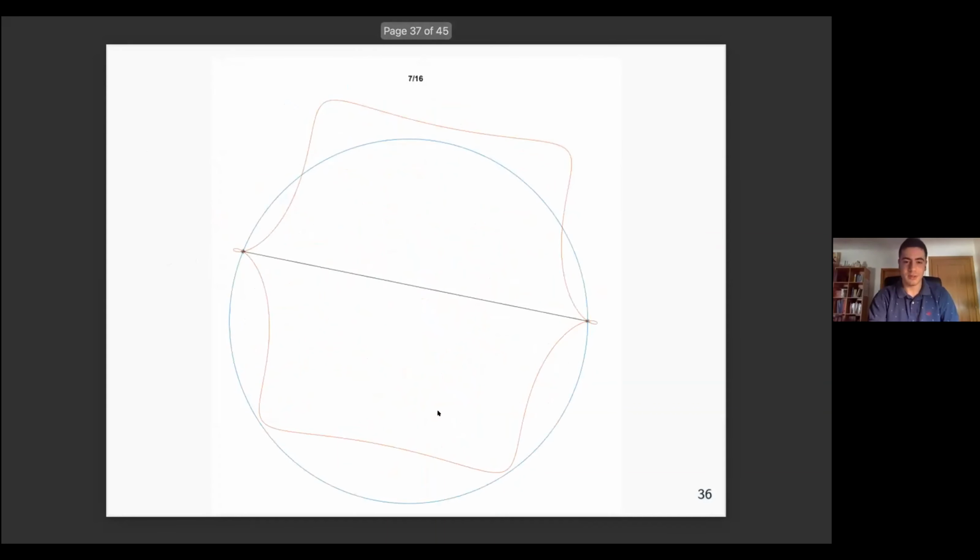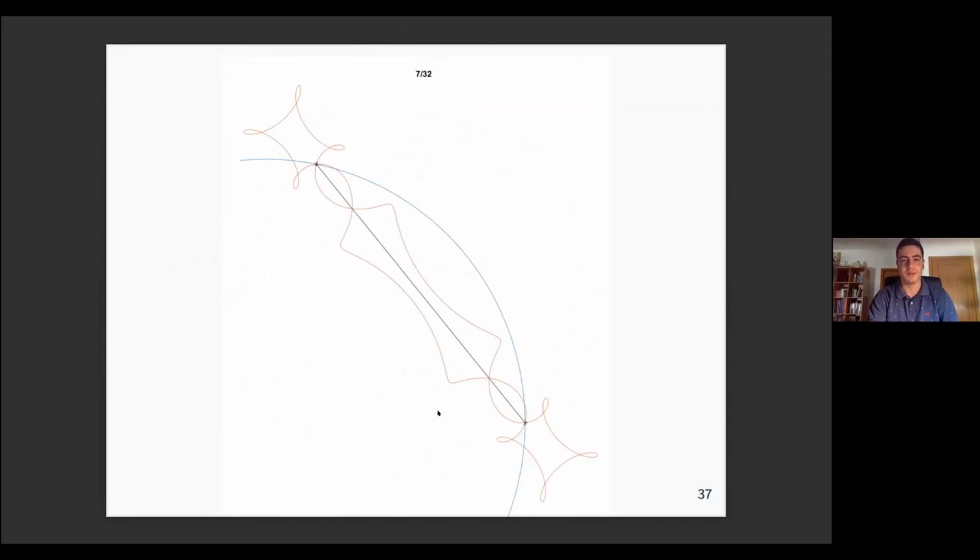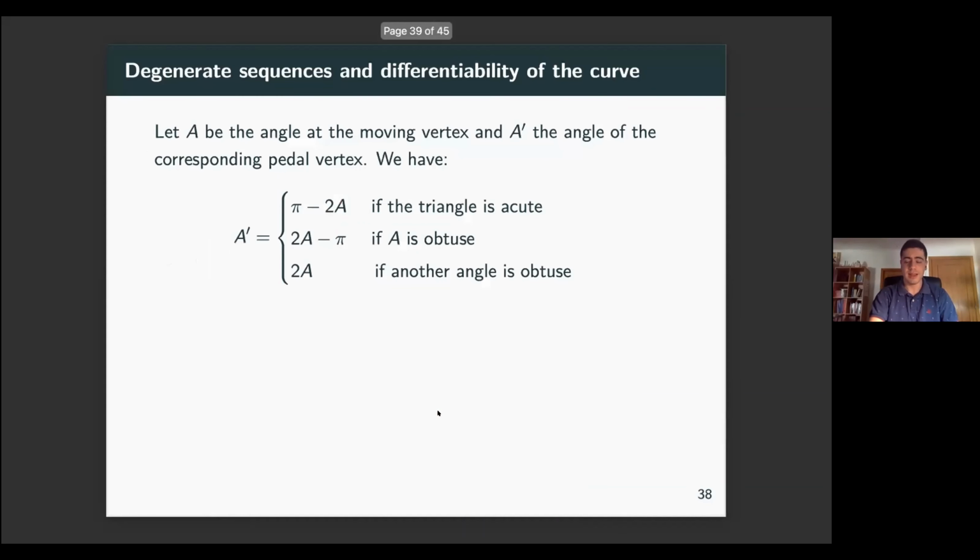And so there we should be able to explain why they look this nice. Maybe we can find some sort of proof. And there is a bit of a geometric explanation. So if we call A the angle at the moving vertex, and A prime the angle of the corresponding pedal vertex, A prime can actually have 3 different expressions depending on the triangle.